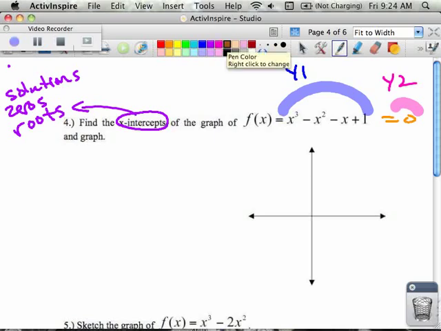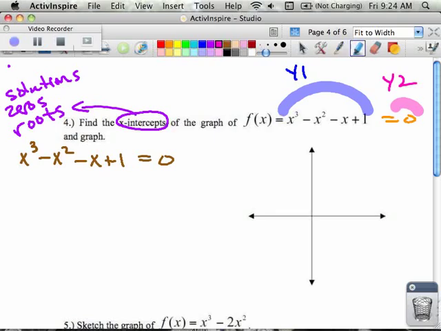Great. So as I look at x cubed minus x squared minus x plus 1 equal to 0, I notice that there are a couple of things going on. I see there are 4 terms. Whenever you see 4 terms, it's a good guess in this course, and probably in any other math course, that you're doing factoring by grouping.